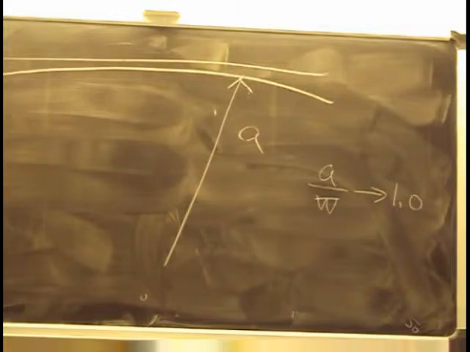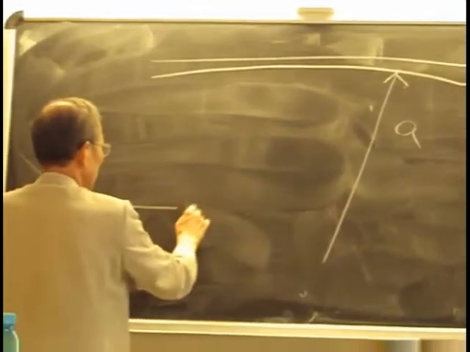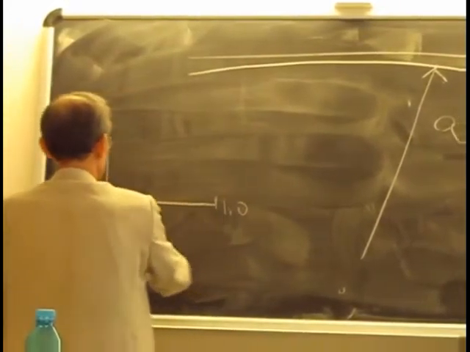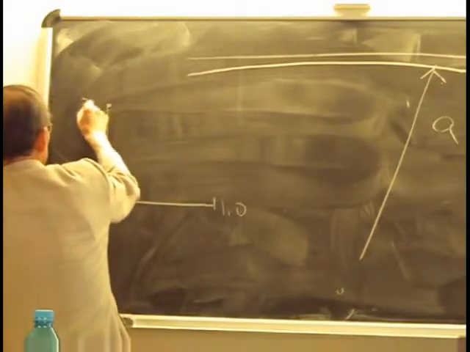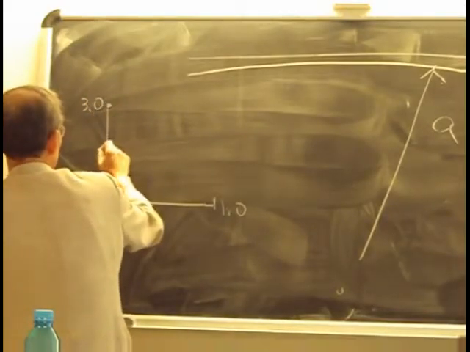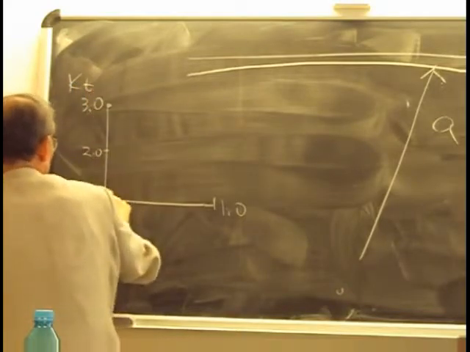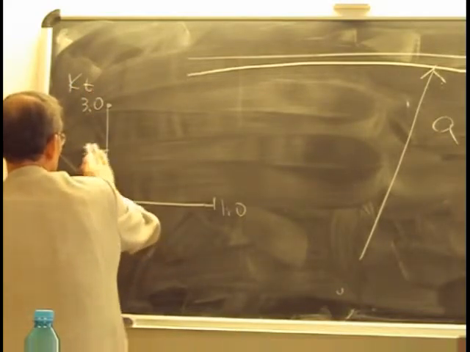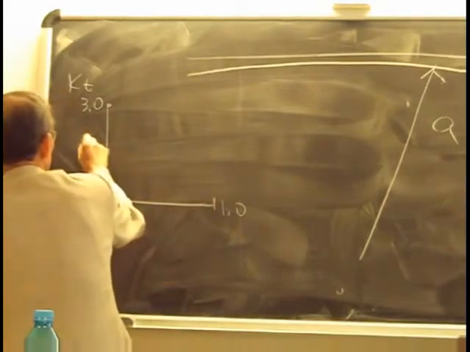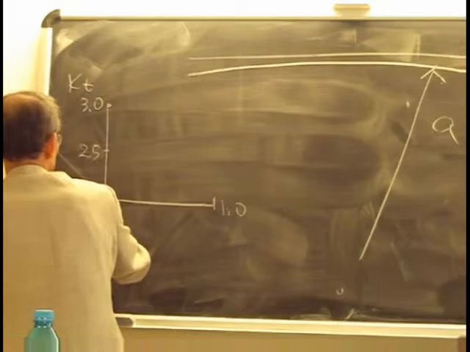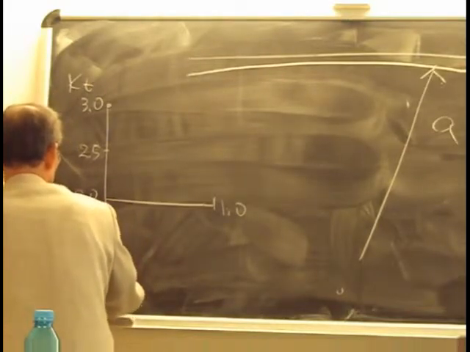And at first, almost all people thought that this is 0, this is 3.0, and this is 2.0, this KT, and no. This is 2.5, 2.0, and this is 1.0.